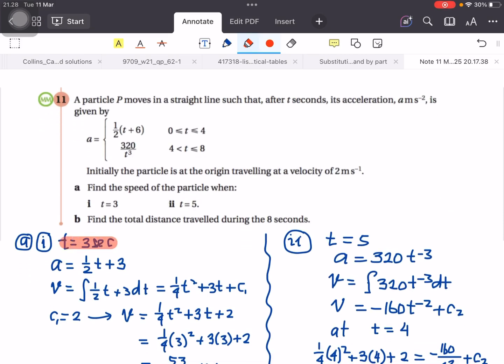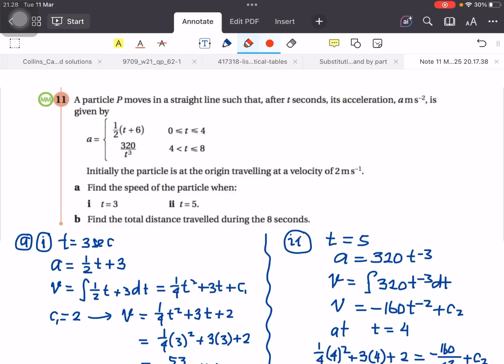So when t equals 3, we use this formula for the acceleration. Acceleration is equal to 1/2 t plus 3. And then for v, we integrate the acceleration. The integration of the acceleration is 1/4 t squared plus 3t plus c1.